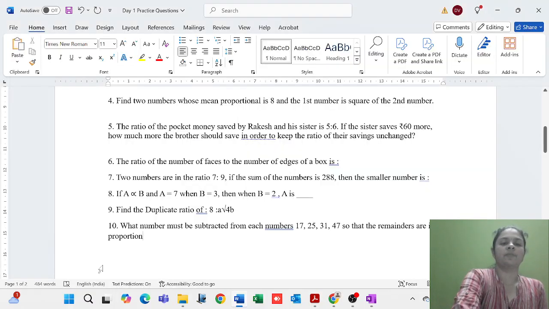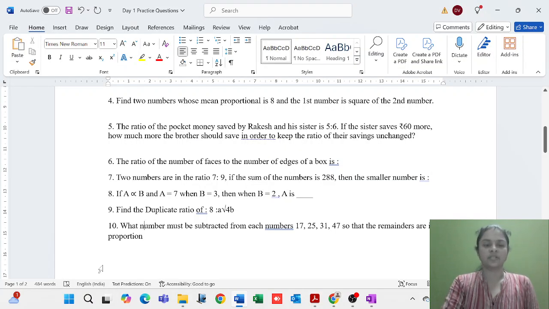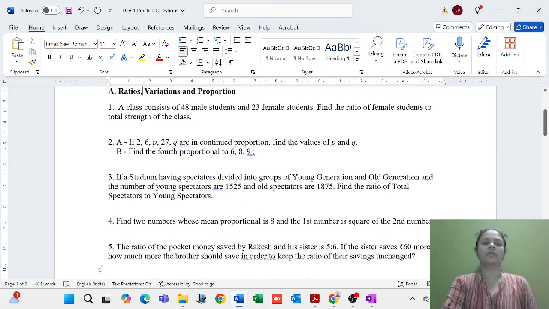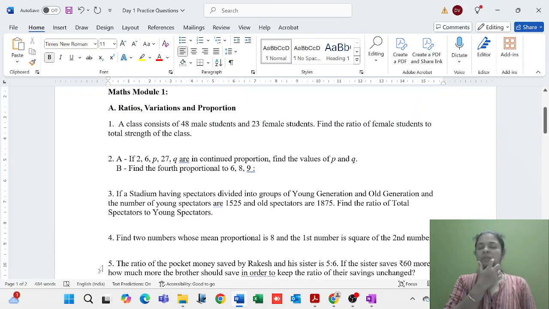So these are some of the practice questions from your PTPs or practice papers and your exam papers of last three attempts. Okay?